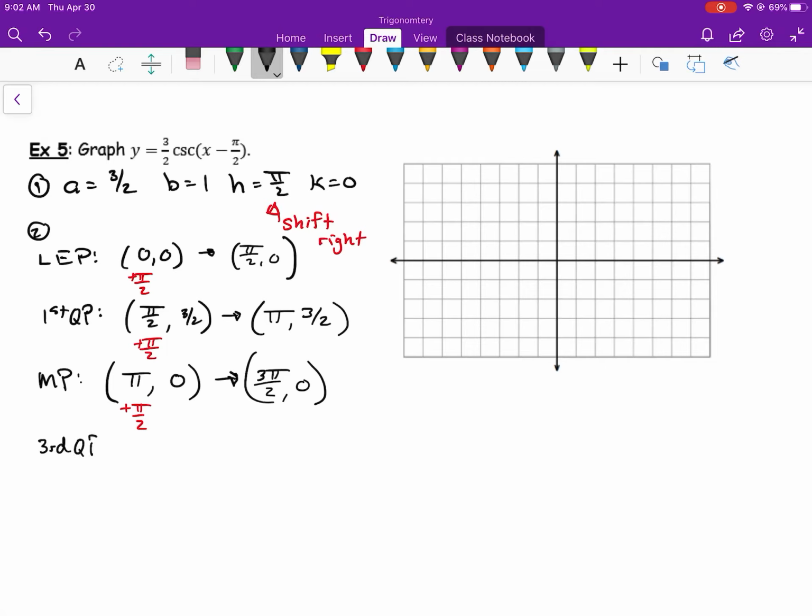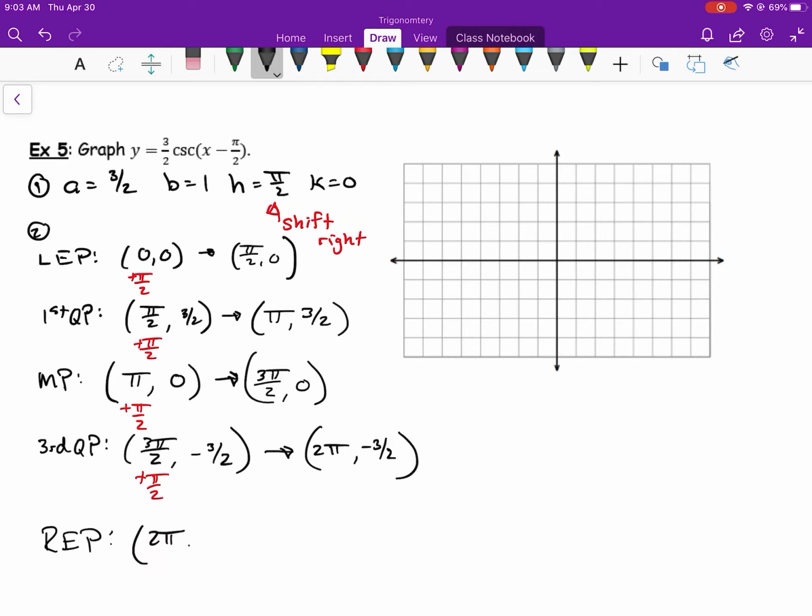And my third quarter point is 3 pi over b, so 3 pi over 2, and then negative a, so negative 3 halves. Add pi over 2. So it'll give me 4 pi over 2, which is really just 2 pi. And then my right endpoint is 2 pi over b, so 2 pi, 0, plus pi over 2.